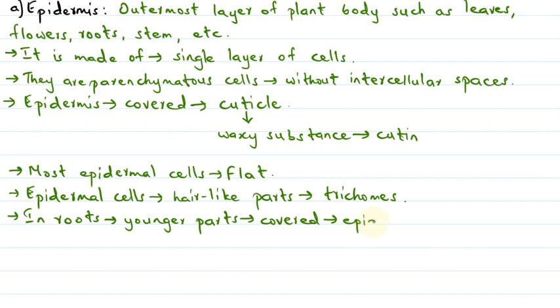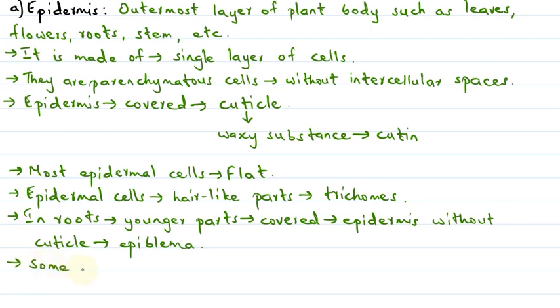Okay, now some of the epiblemma cells give rise to tubular outgrowths called the root hair.